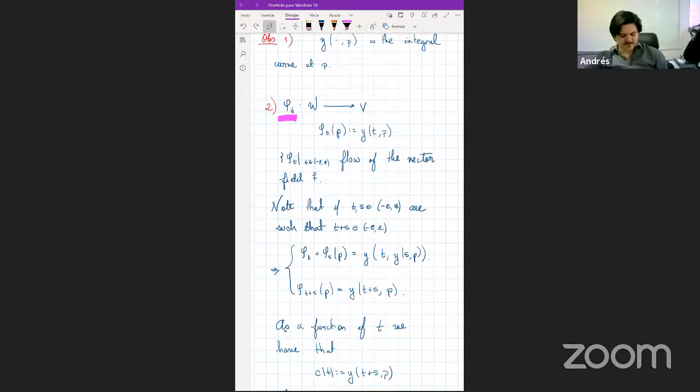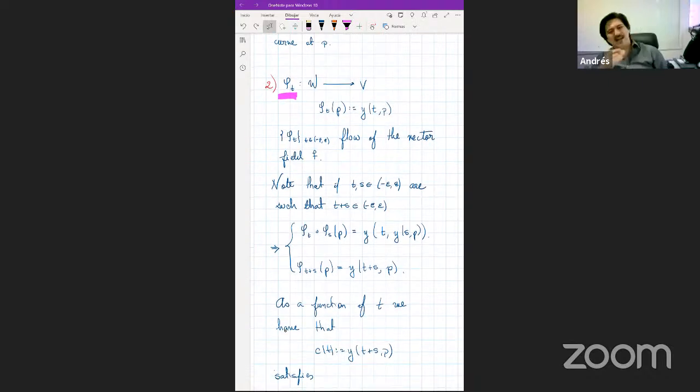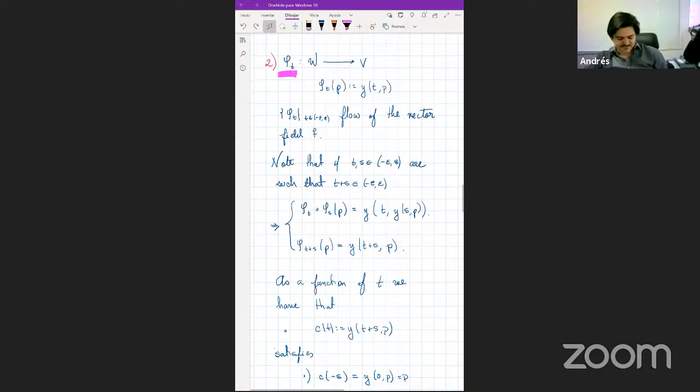Let's think about that function. It will happen to be an integral curve. It is actually a shift of the integral curve, because it's not normalized at zero. At zero, I don't have P, it is at minus S that I have P.